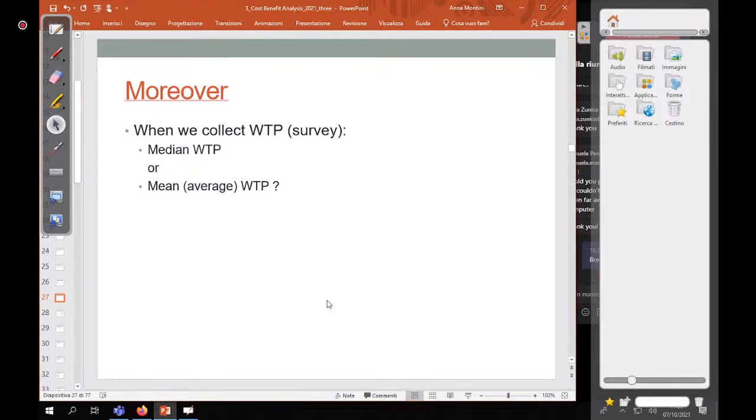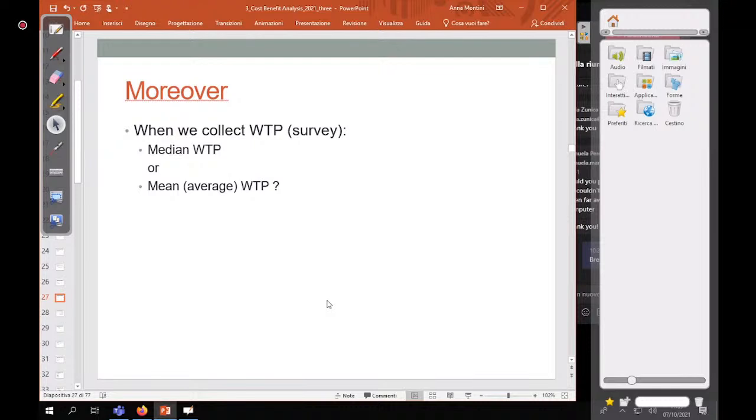What is the value that I have to consider? We spoke about this last week. If I consider the mean of the willingness to pay, the mean can be higher with respect to the median because I am considering all the values.